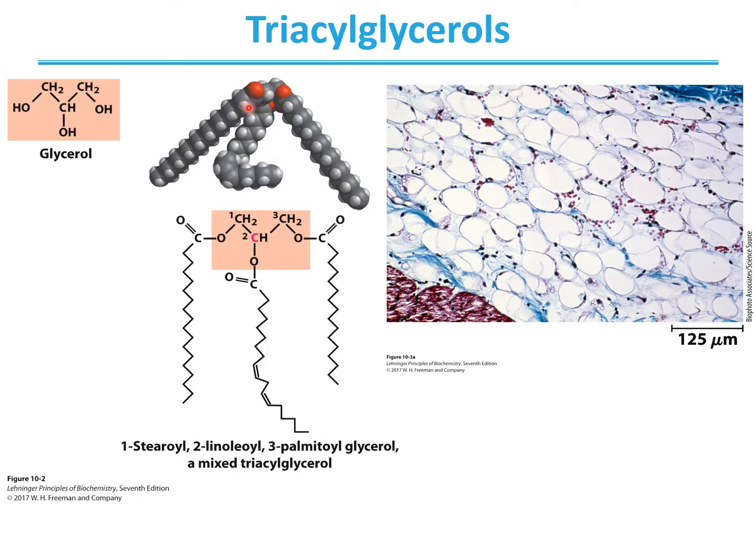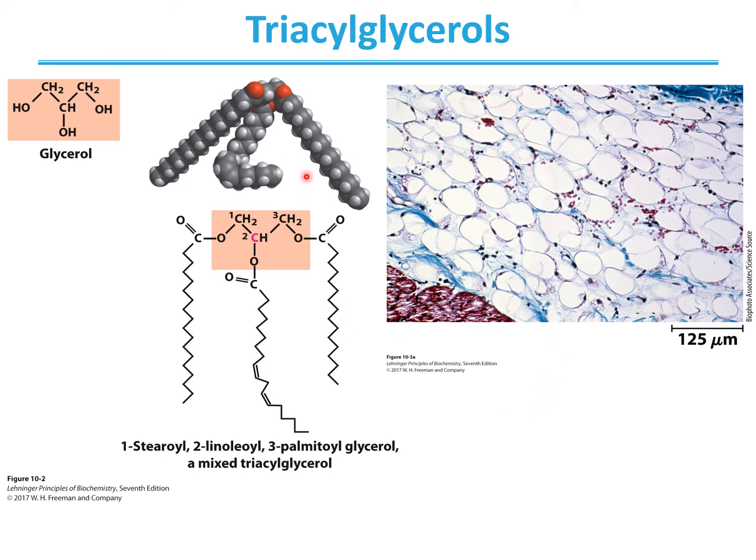This is a triacylglycerol, and as its name says, it's tri. There are 3 fatty acids esterified into a glycerol backbone. This is our glycerol here, and each of the hydroxyl groups is esterified through the carboxyl group of 3 different fatty acids in this case. So this is a mixed triacylglycerol in this example.